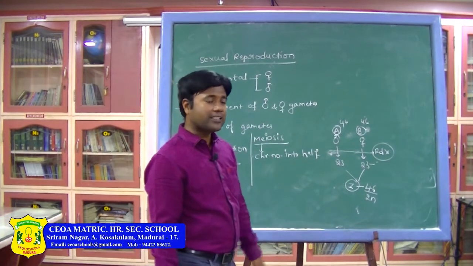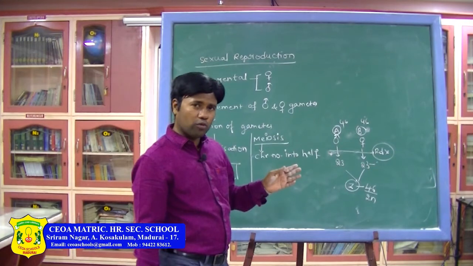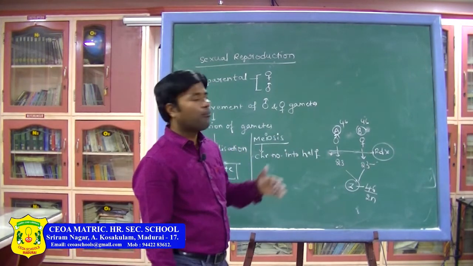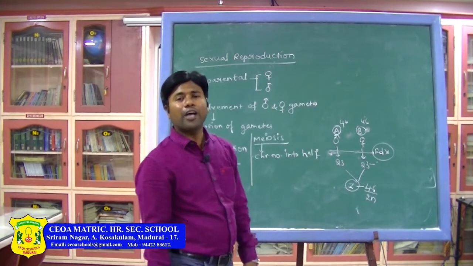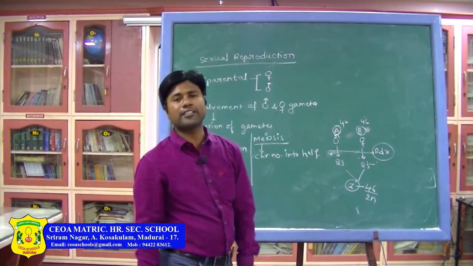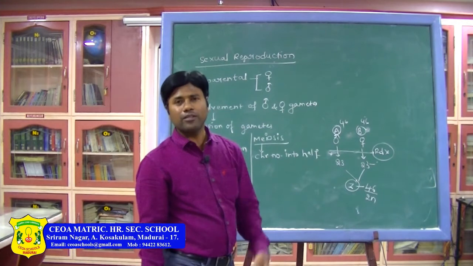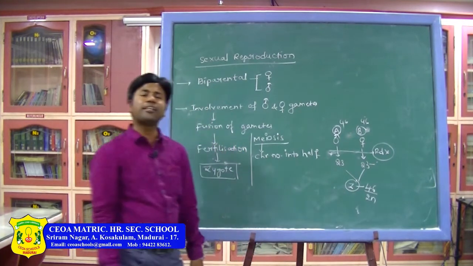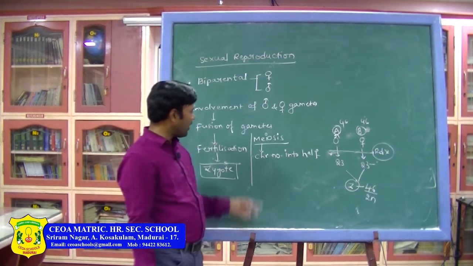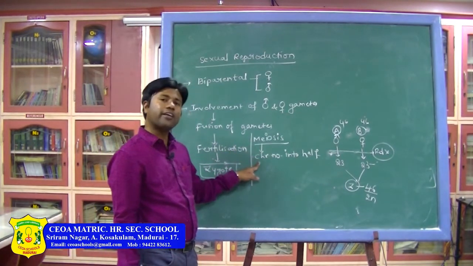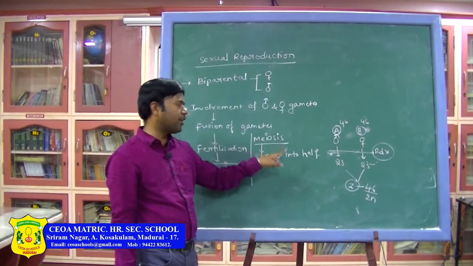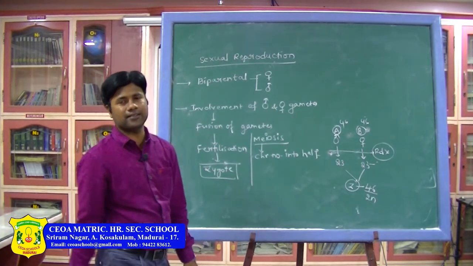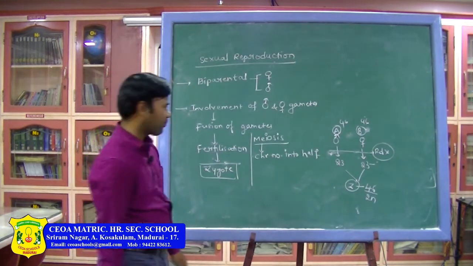If the chromosome number increases from one generation to another, polyploidy will accumulate among the generations. Then many abnormalities come across in the body of the organism. So meiosis reduces the chromosome number into half and maintains the balance. Who does that? Meiosis cell division.